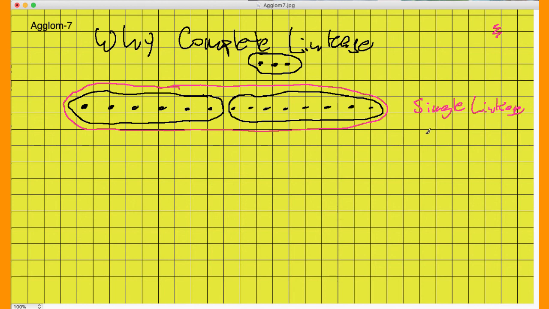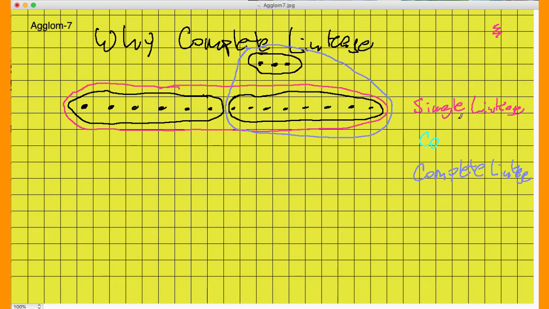Now let's change colors. Suppose I were to do complete linkage. Ooh, that's a terrible color. Let's try this one. If I were to do complete linkage, it looks like I would probably cluster these two together. Here's the question I have for you.